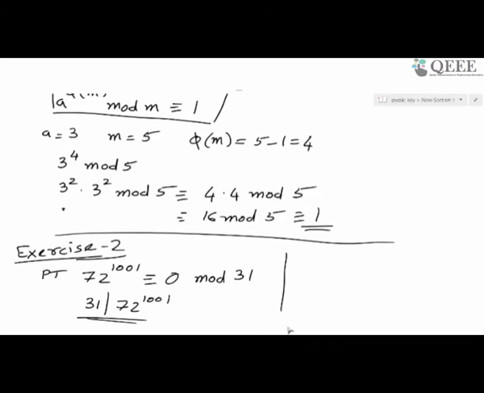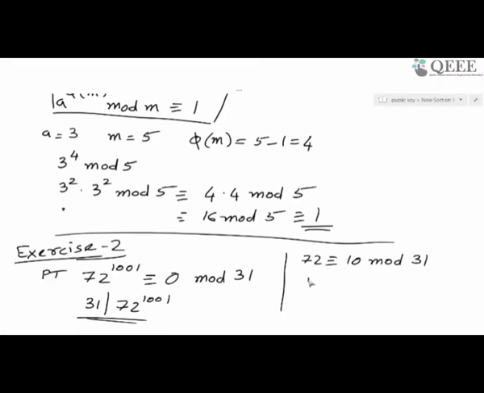And just to give you a hint of how to start with this, use the fact that 72 is congruent to 10 mod 31, because 31 into 2 is 62. When you divide 72 by 31, it leaves a quotient 2 and a remainder 10.